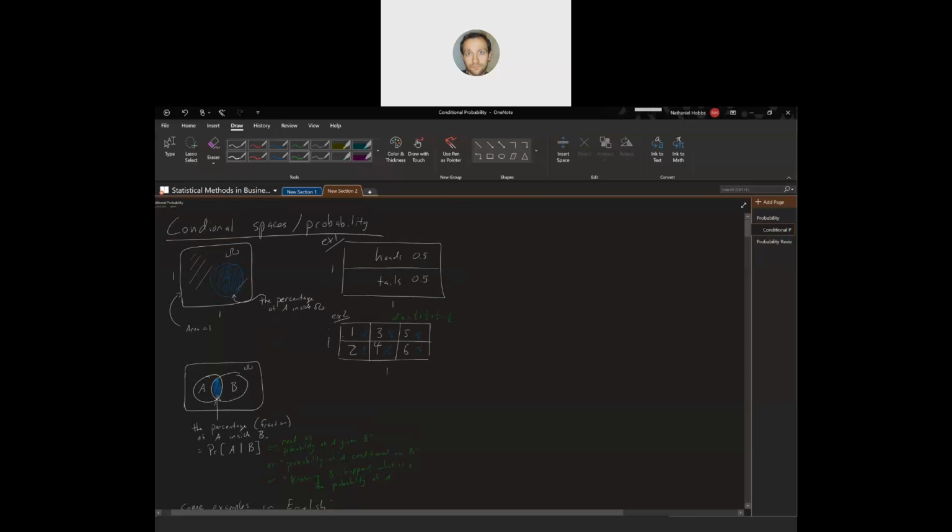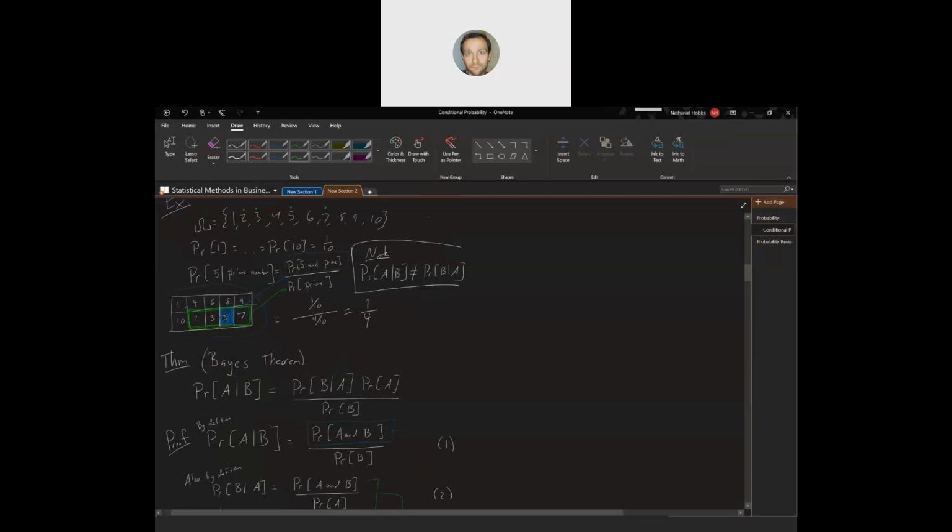So this is the original world, and the original world has 6 possible outcomes, each equally likely. So the 1 gets evenly spread out across 6 things, leaving a 1/6 probability for any individual event.